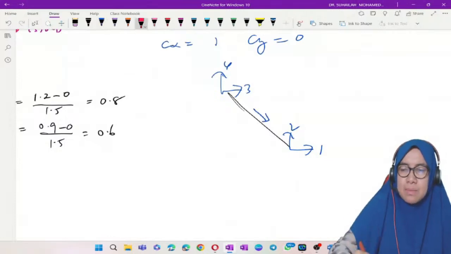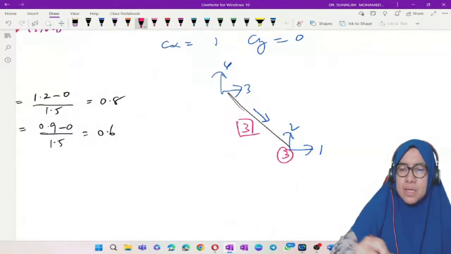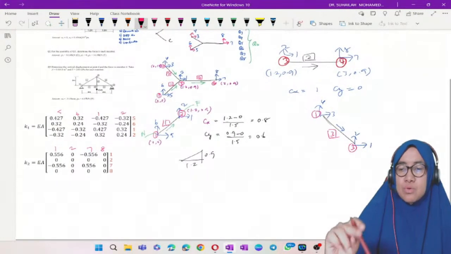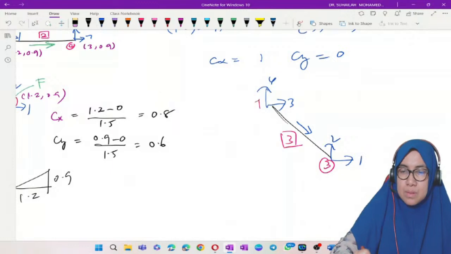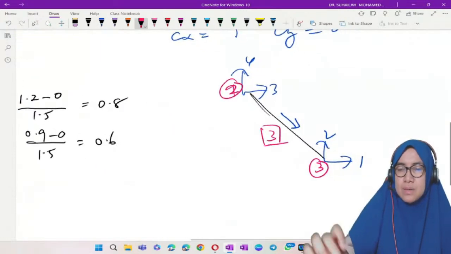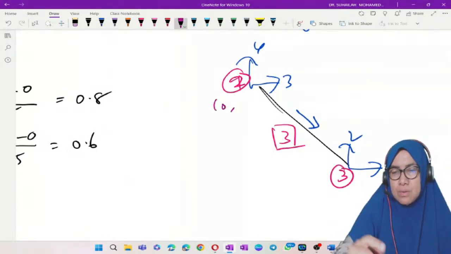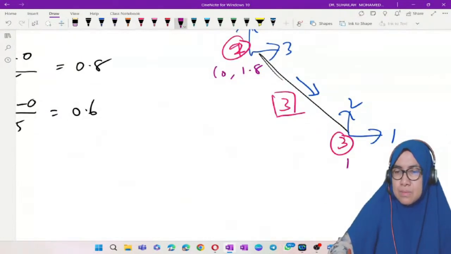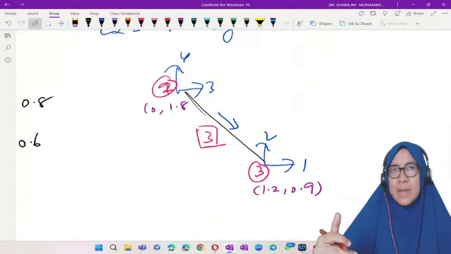Joining node number 2 and 3. And for coordinates, this is 0, 1.8 and 1.2, 0.9. Okay, so this is element number 3.